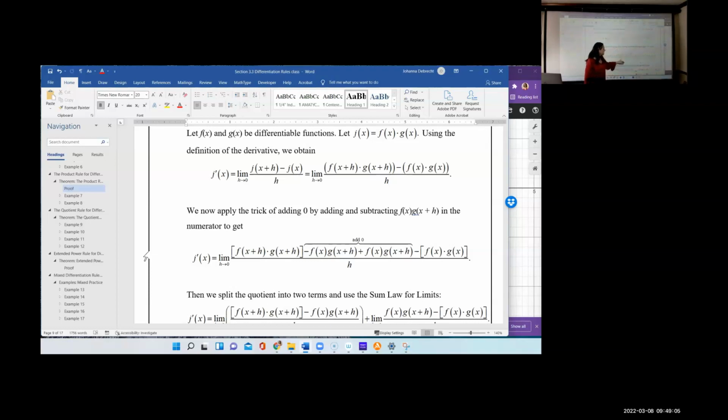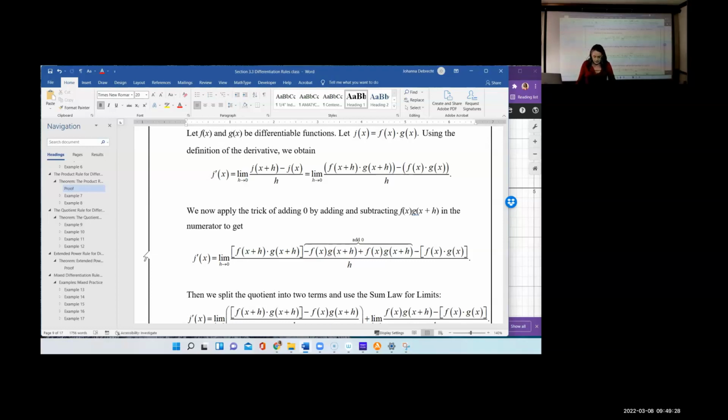By subtracting and adding the same term, we're effectively adding nothing. We call this adding 0, right? What it's going to do is allow me to split this into two different limits, all right? And then I'll have a common factor in each one.